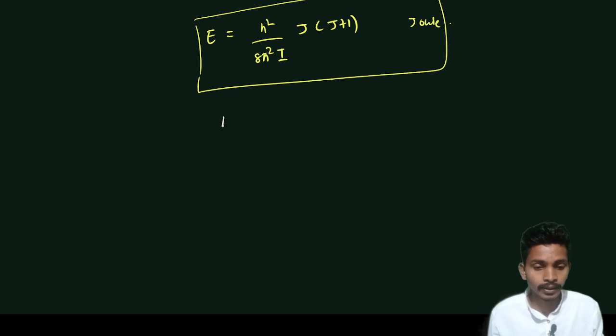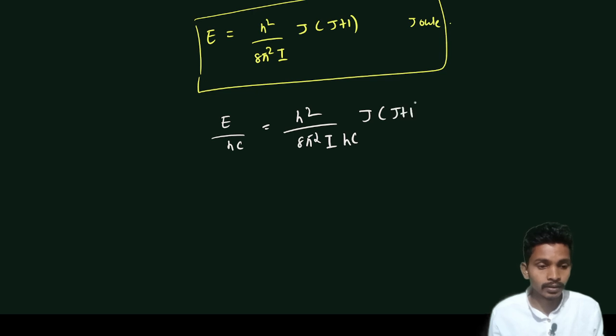So I can write E/hc = h² / (8π² I hc) × J(J+1). If I cancel it out, I get E/hc.